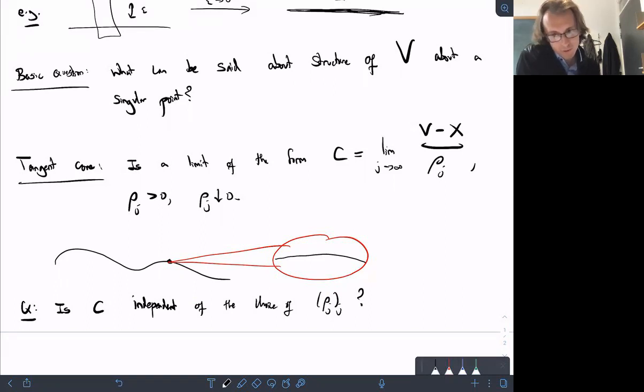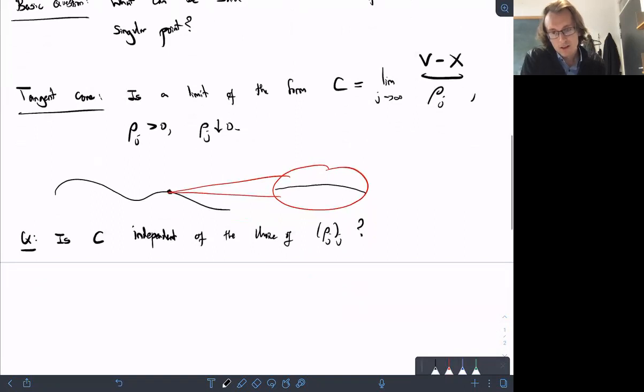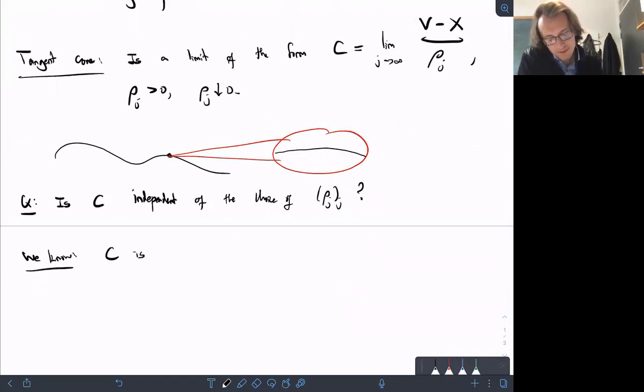What we do know about C is that it is a cone, in the sense that it is scale invariant about the origin. So C is a cone, which is a stationary integral varifold.